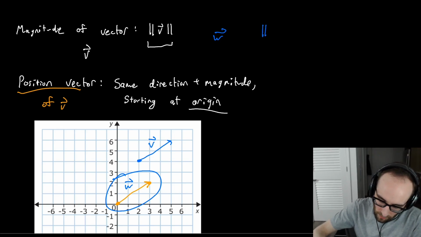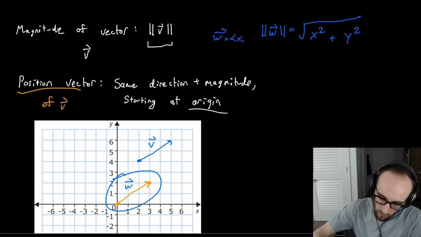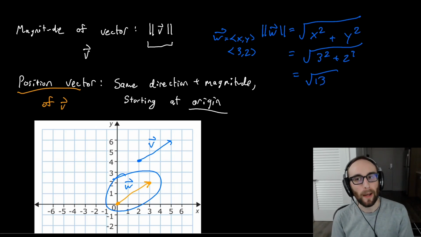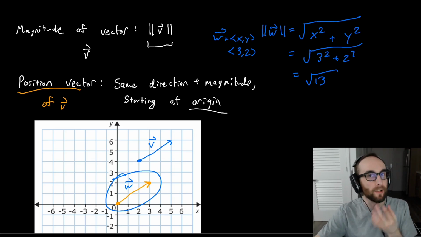The magnitude of w is just going to be the square root of its x component squared plus its y component squared. So w would be written as just (x, y). In this case specifically, w is (3, 2), which means the magnitude is the square root of 3 squared plus 2 squared, which means the magnitude is just the square root of 9 plus 4, root 13. Okay, so pretty straightforward, just using the Pythagorean theorem to find the magnitude using the components.